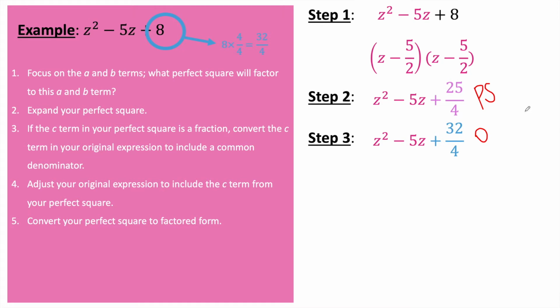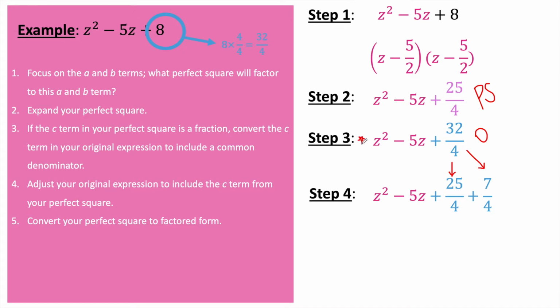I'll simply split up 32 over 4 into 25 over 4 plus 7 over 4, so that the c term from my perfect square appears in my original expression.